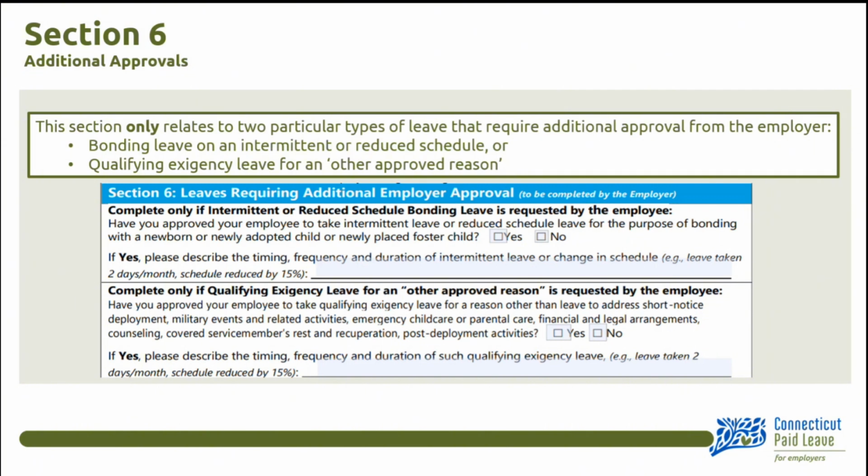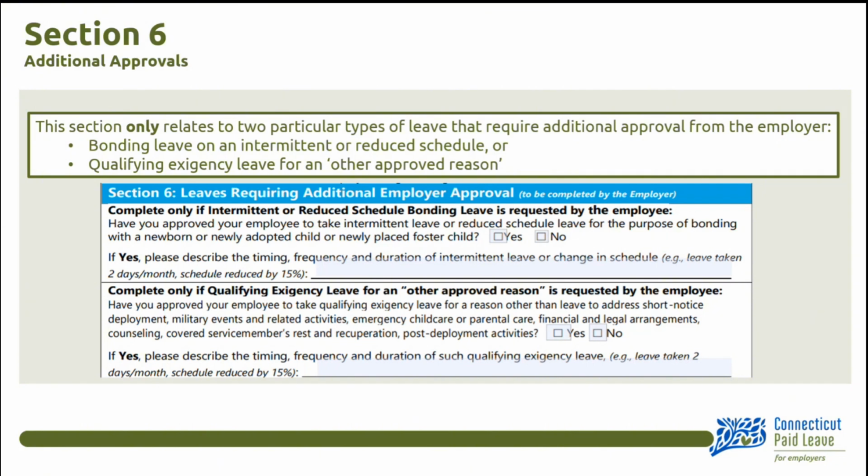Section 5 is a section of the form that many employers will not have to complete. This section relates to 2 types of leave that, under FMLA regulations, require additional approvals from the employer. Specifically, when an employer allows bonding leave to be taken on an intermittent or reduced schedule, or when the employer and employee agree to taking qualifying exigency leave as a military family caregiver for a, quote, other approved reason.